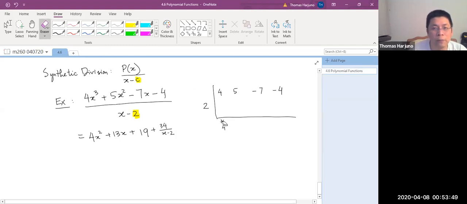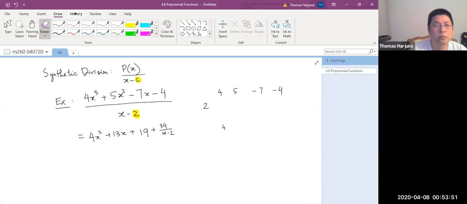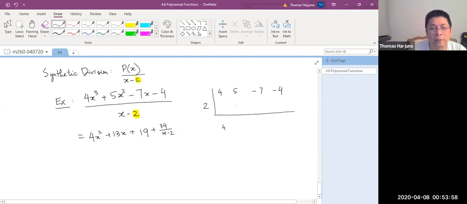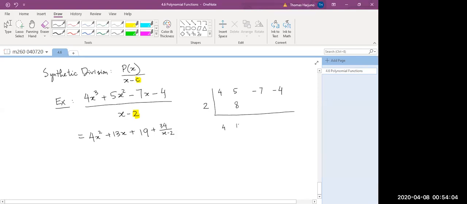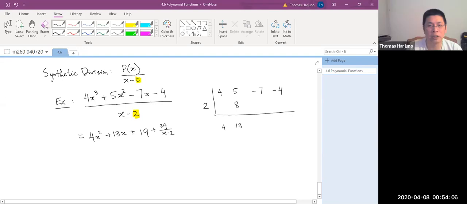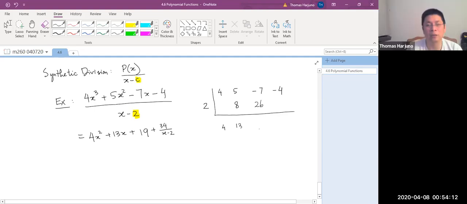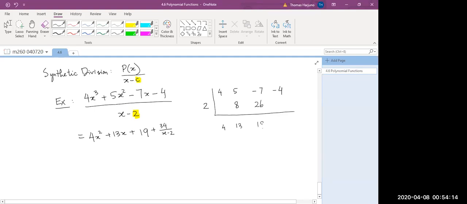Now multiply 4 by 2. 8. Now you put that 8 under 5, and then you add. 13. Now do the same procedure again. 13 times 2, 26. Now you put it here, and then you add again. 19.